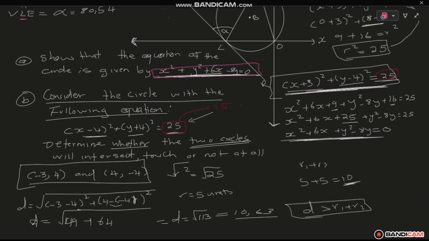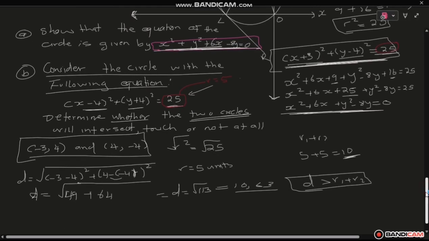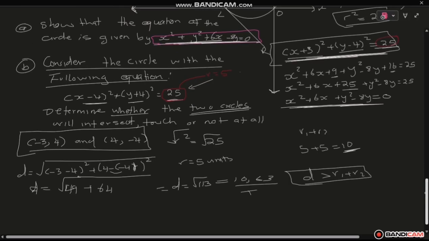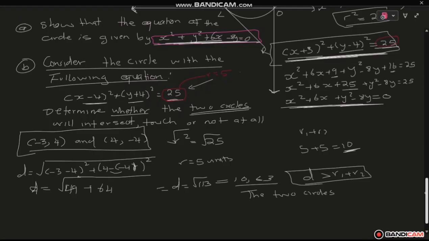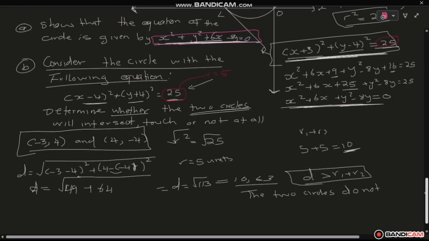What is the meaning when we have D greater than R1 plus R2? Are the two circles intersecting, or touching, or not at all? Now we know that the two circles do not touch at all. Why? Because the distance between the circles is greater than the sum of their radii.